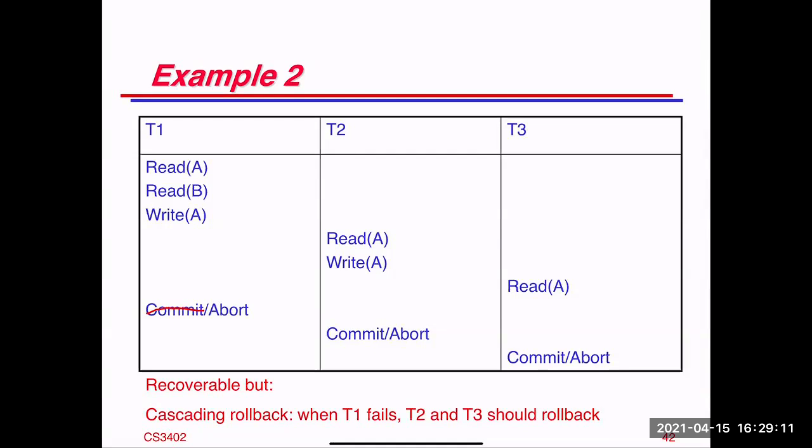The reason for that is, of course, because T1 wrote this item A here, and it was read here in T2 as well as in T3. So they can't commit after reading that item.